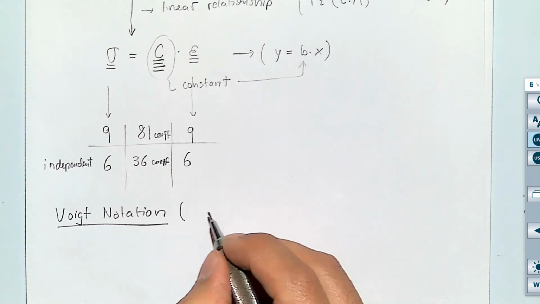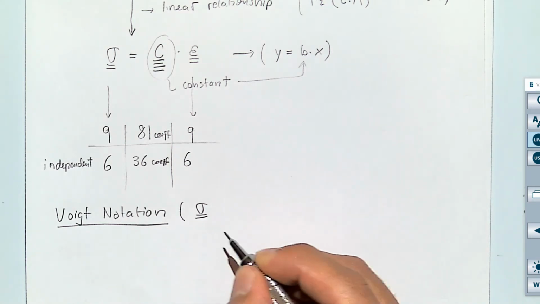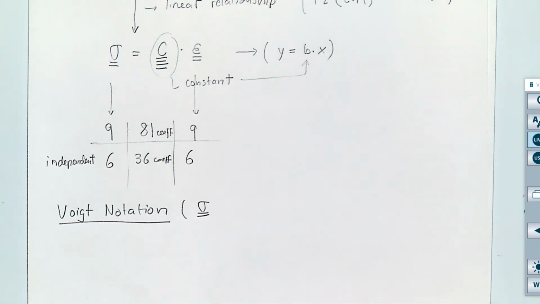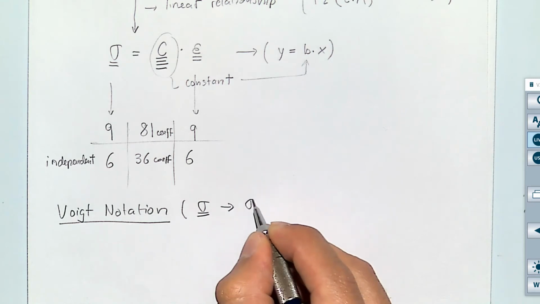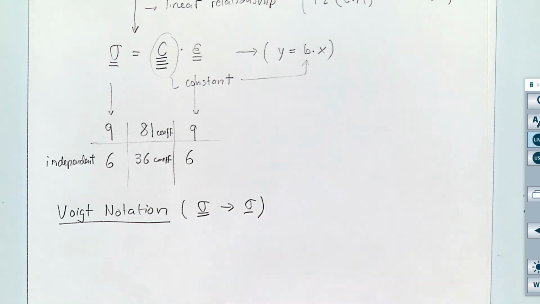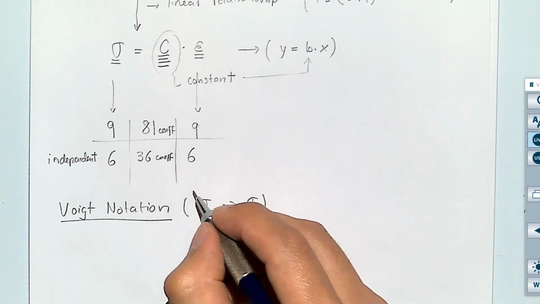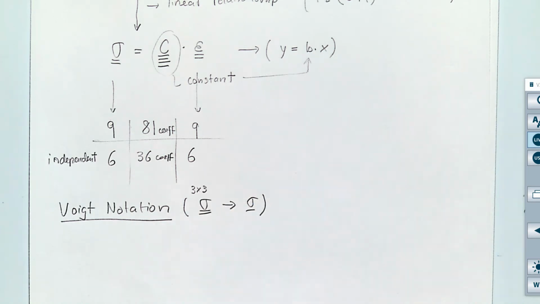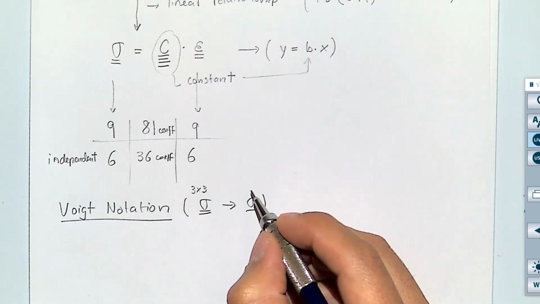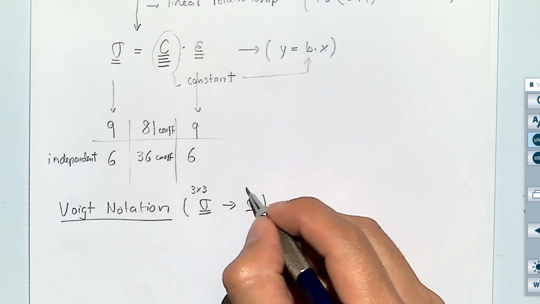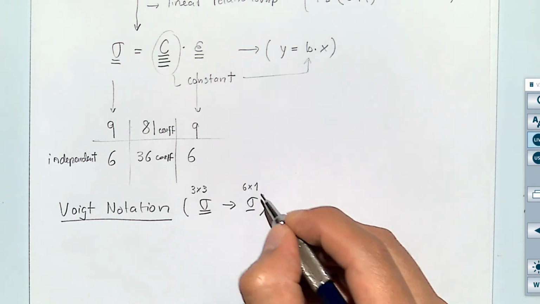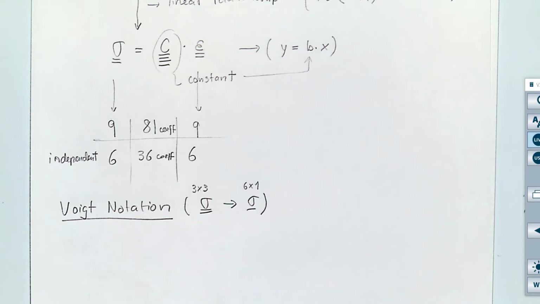And it consists in, instead of writing a tensor as a matrix, I'm going to write it as a vector. Instead of having a matrix 3x3, and since I know that I just have 6 independent coefficients, I'm going to write it as a matrix which is 6 rows, 1 column, 6 by 1.